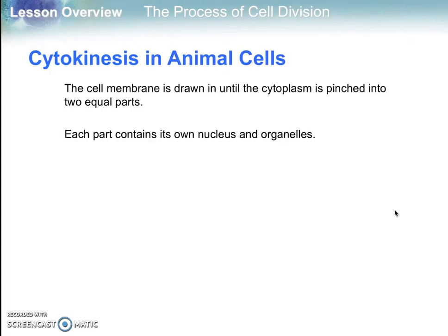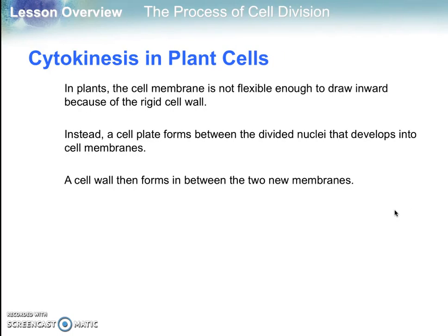In animal cells, it pinches off to form two equal daughter cells. Each part contains its own nucleus and its own organelles. In plant cells, because they have a hard cell wall, they can't just pinch off. So they form a cell plate that divides the cell into two parts. The cell wall then forms in between the two membranes.